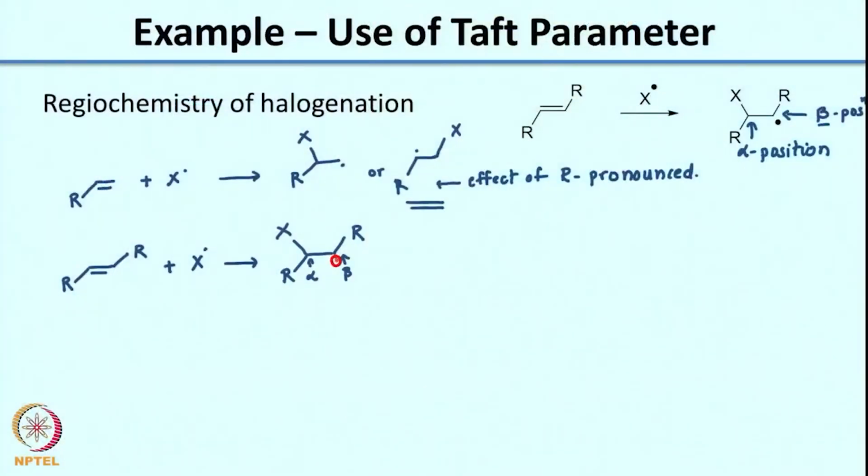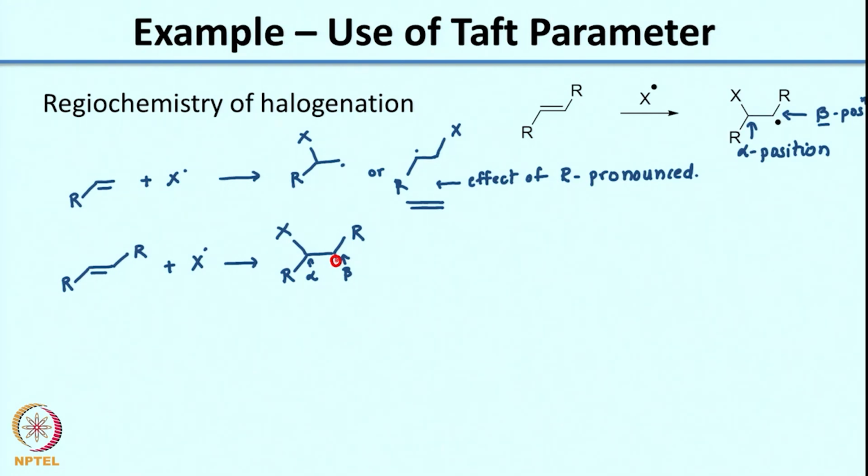So when you have a situation like this, sterics can actually play a very important role in deciding what is the regiochemistry of the product. Now if you think carefully, if I compare alpha position versus beta position, where do you think sterics will play a very important role? Will it be alpha or beta position?